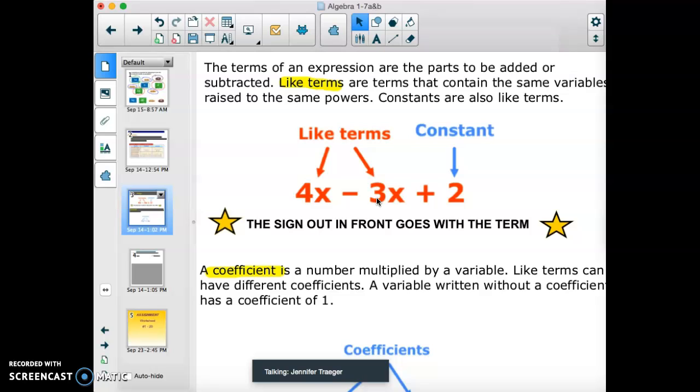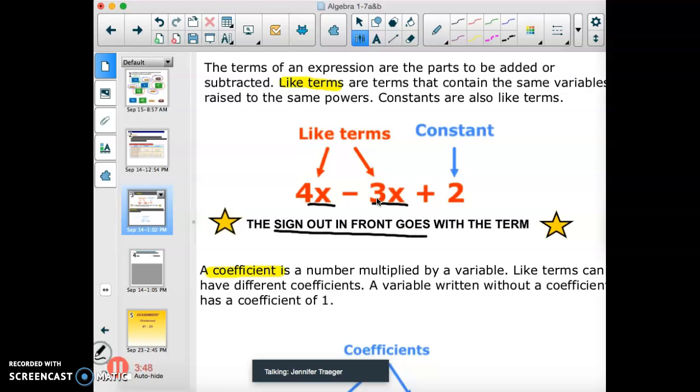It's only the ones that are exactly the same that can go together. And don't forget that the sign out in front is what goes with it. So if I'm circling these to say these piles are the same, I'm going to put them together. You better circle the sign that's out in front with it so you know what 2 numbers you are adding together to find out the total amount of x's.